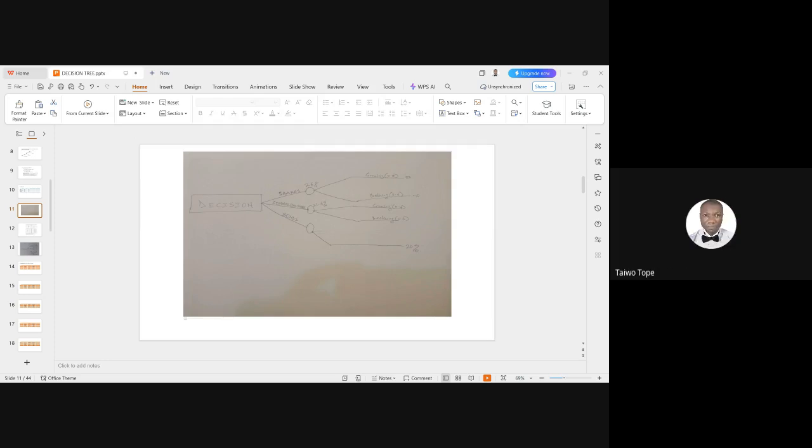Then 0.6 multiplied by 6 gives 3.6. Is it 3.6, ma? Yes. So 25.2 minus 3.6 will now give us 21.6. So your outcome when you invest in commercial paper will be 21.6.